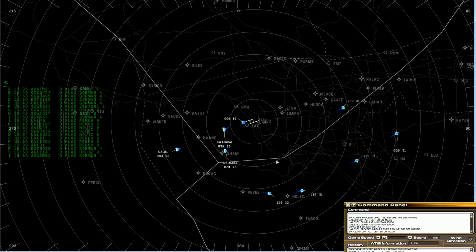Departure, American 244 with information Alpha at 800s climbing to 5000s. American 244, radar contact.